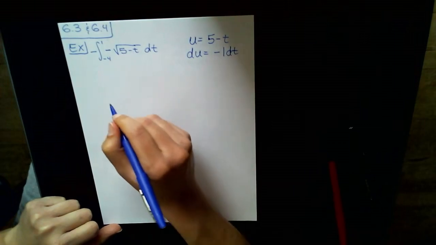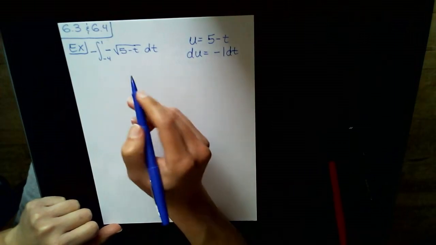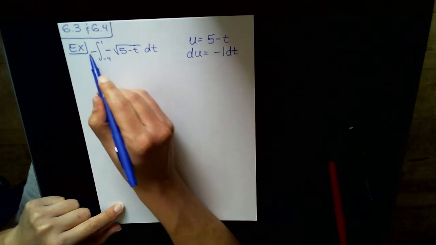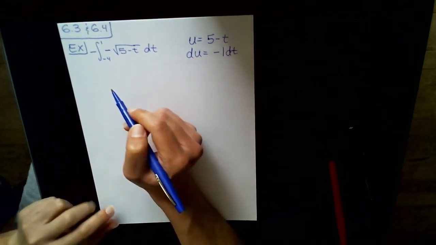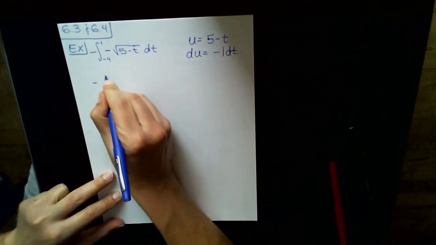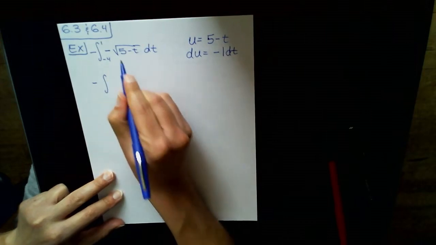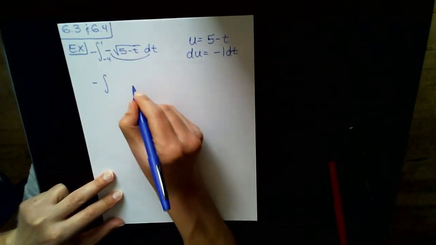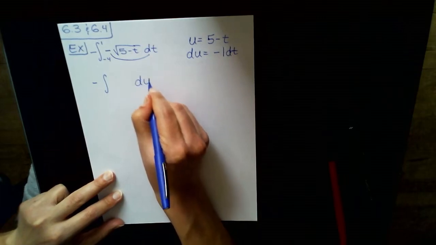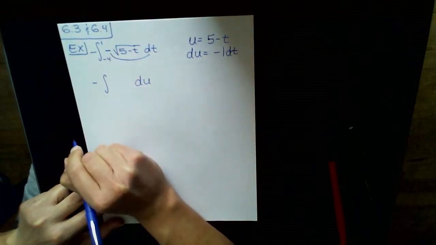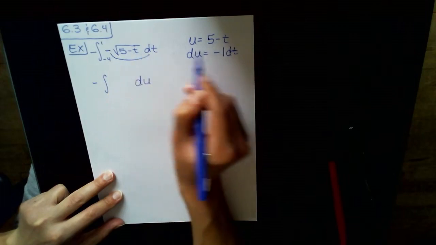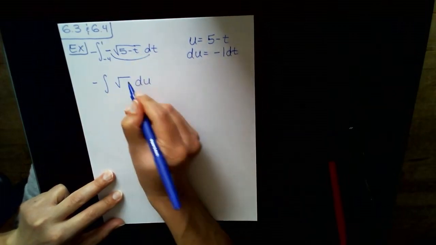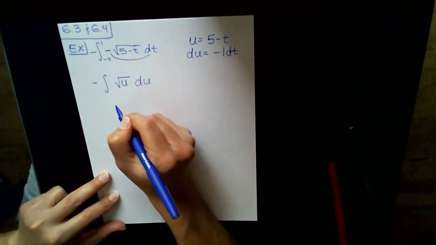That's our rule we introduced before that said you multiply the inside by a constant and its reciprocal to the outside. So we get the negative integral of negative dt is going to become du, and the square root of 5 minus t is going to become the square root of u.